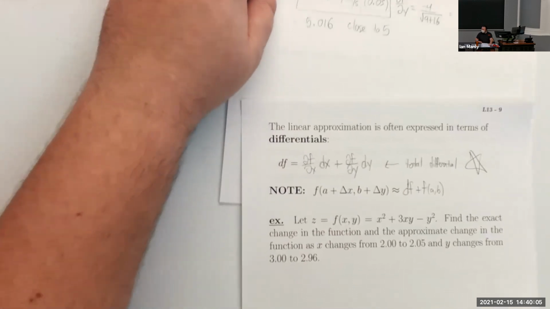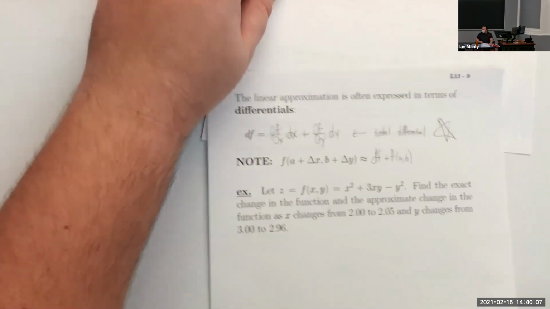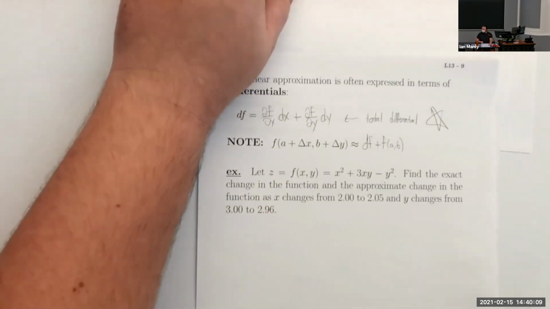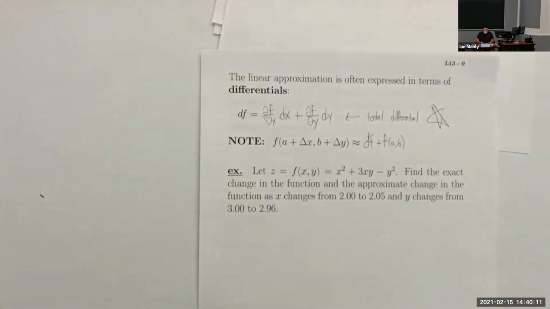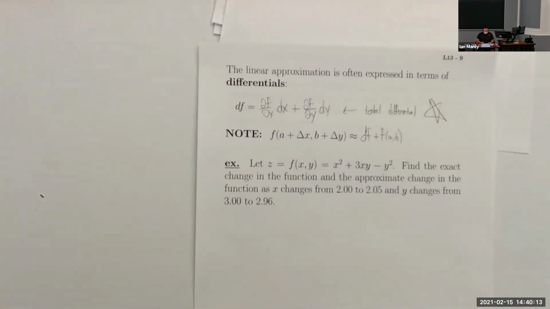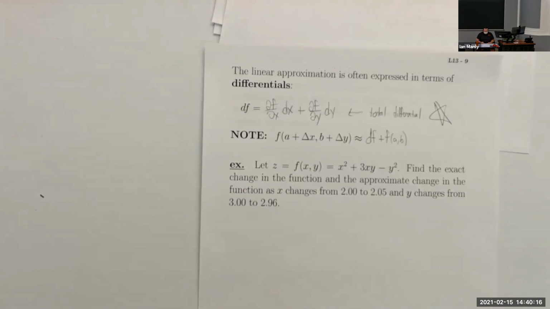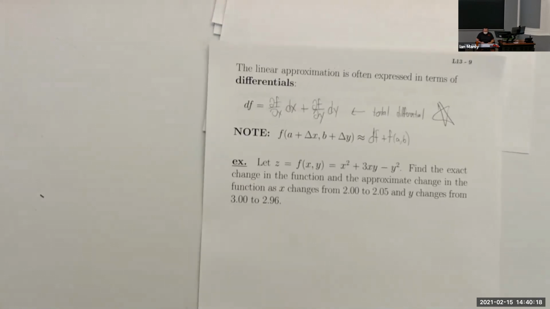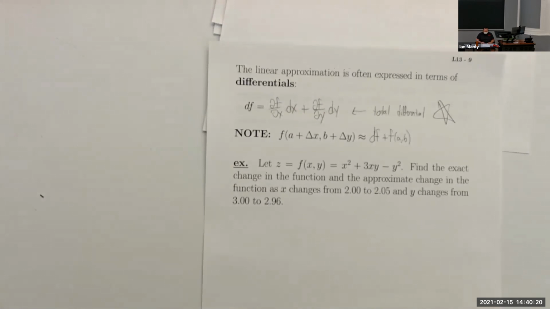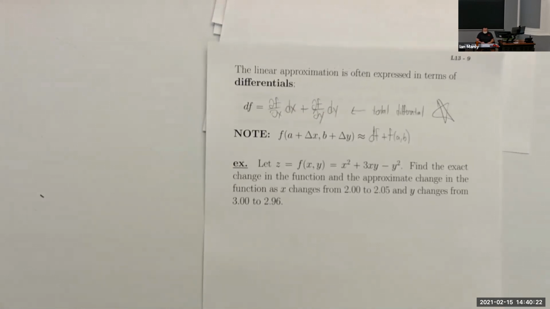All right, so then it has another linear approximation problem here. Find the exact change in the function and the approximate change in the function as x changes from 2 to 2.05 and y changes from 3 to 2.96.